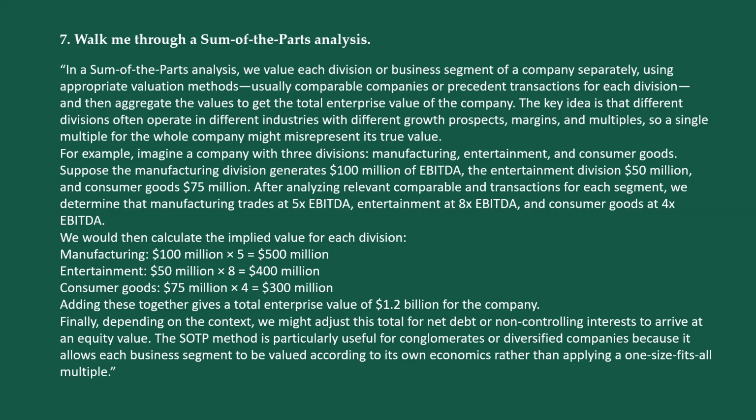For example, if there is a conglomerate which is diversified into manufacturing, entertainment, and consumer goods, each division is treated as a standalone business for valuation purposes. Here we have an example also, we will discuss it in a moment. And after we have identified the segments, then we will choose an appropriate valuation method.